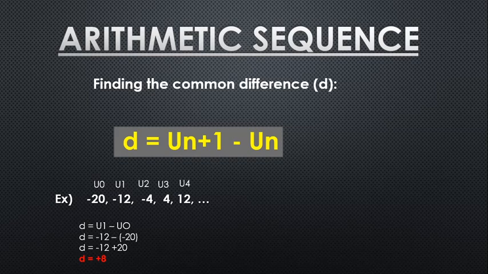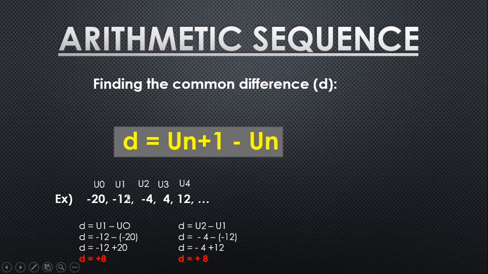You can take any other two consecutive terms. That is, another student may find it using these two terms, u2 and u1. For example, you have to subtract after minus before. That is, if you took u2 and u1, you have to subtract u2 minus u1.